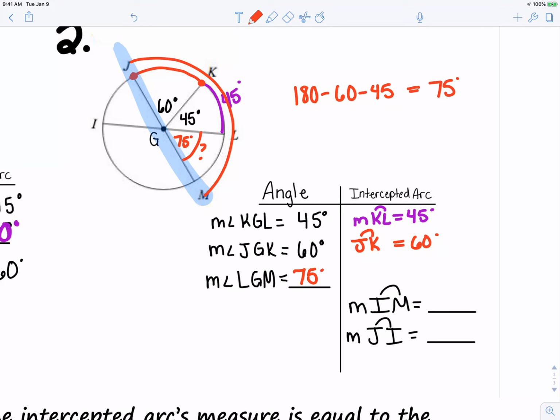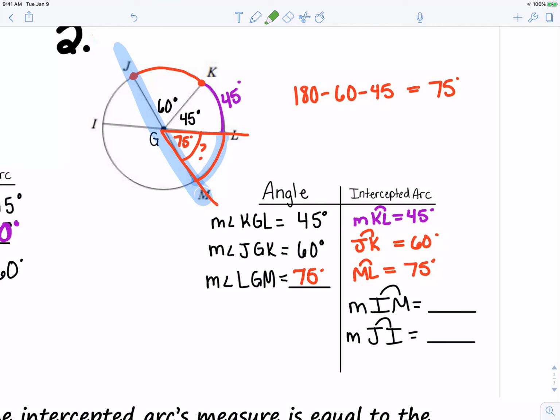All right, the corresponding arc that goes with that angle measurement would be ML. The 75-degree angle intercepts ML. So ML also has a measure of 75 degrees. Okay, next I'd like to know what the measure of IM is.